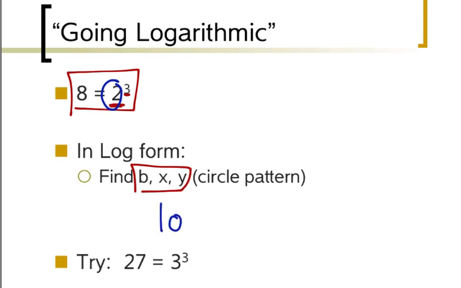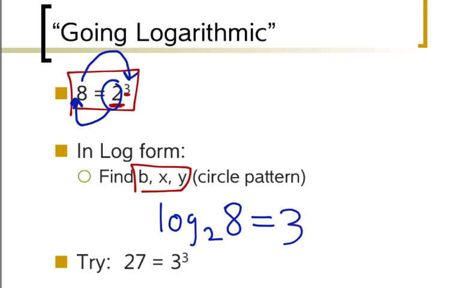We are log base 2. Okay, and then what we do is we go to the other side of the equal sign and draw an arrow. So log base 2 of the next number, so after the of is 8. So log base 2 of 8. And then we only have one more number to fill in, and that's after the equal sign, equals 3.